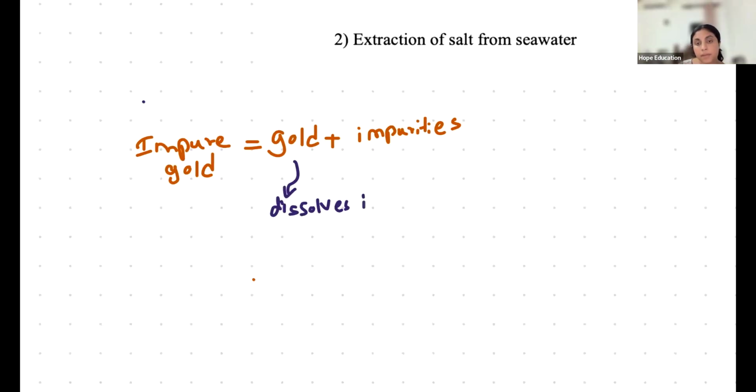Yeah. We learned this in grade 10, third lesson. Mercury is the only metal that is a liquid at room temperature. So mercury is a liquid at room temperature.